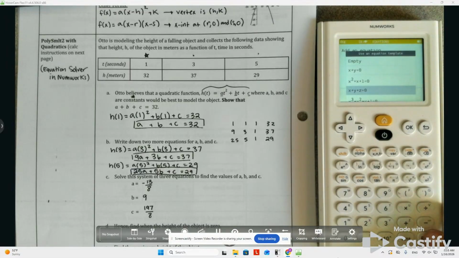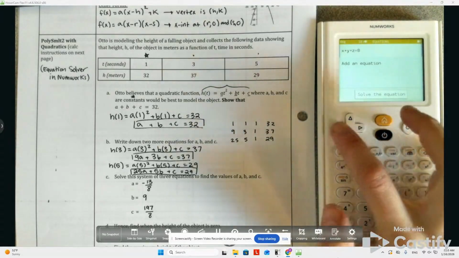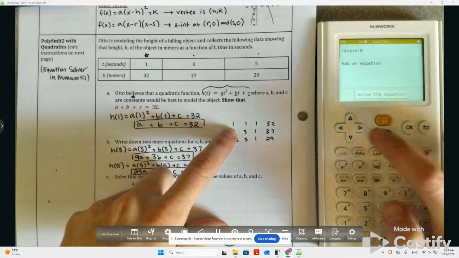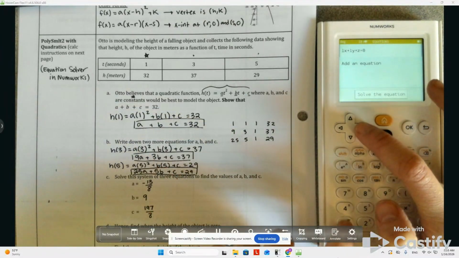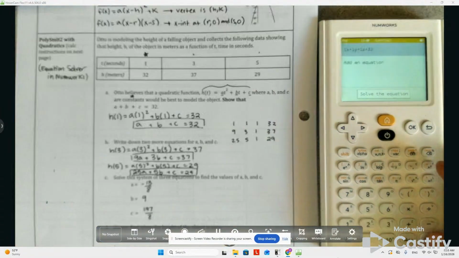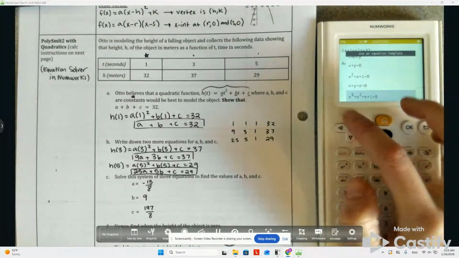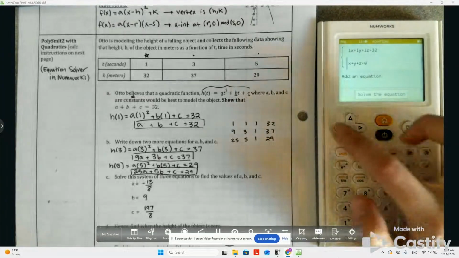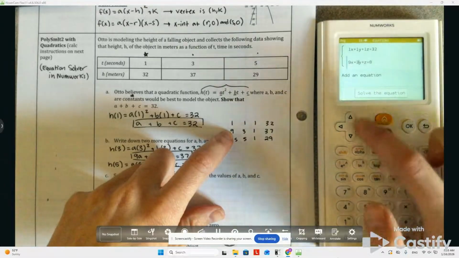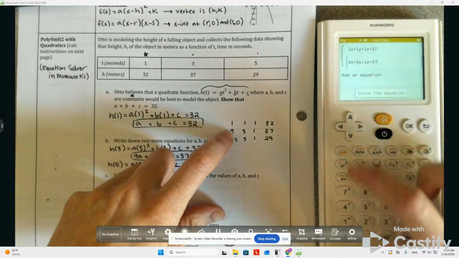So I'm going to use the X, Y, Z equals 0 one, and then just put in my numbers in front. So first it's going to be 1, 1, 1, 32. Add an equation. I'm going to again pick that template. And now we've got 9, 3, 1, 37.